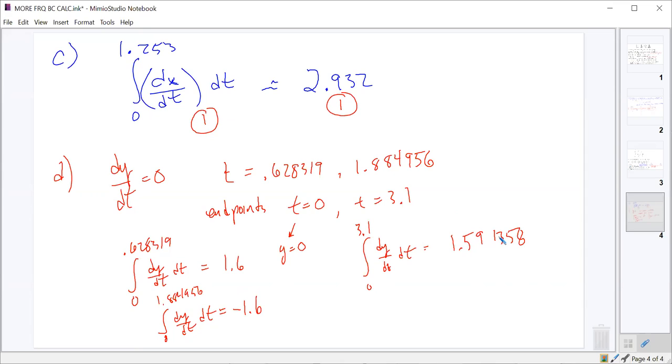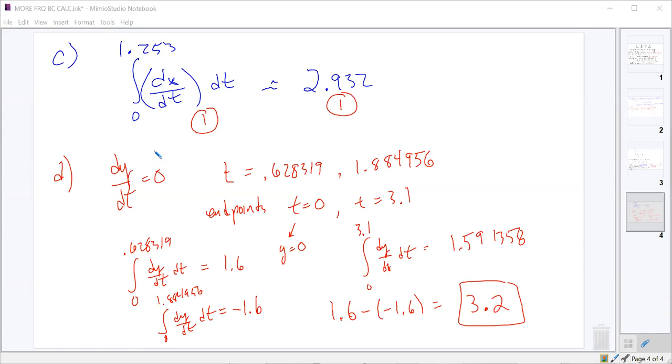So it looks like the highest point was 1.6, the lowest point was negative 1.6. 1.6 minus negative 1.6 is 3.2. And they gave you 4 points for that one.